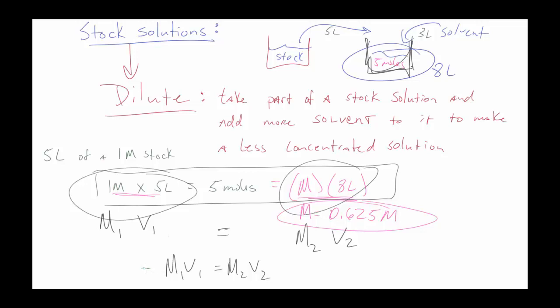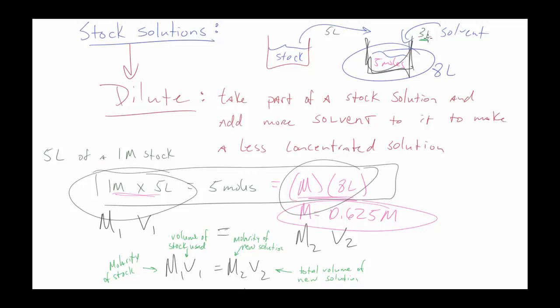And so let's make sure, this is the molarity of the stock, and V1 would be the volume of stock used, M2 would be the molarity of that new solution that we're making, and then V2 is the volume of the new solution, right? And I want you to really focus in on this: V2 isn't the 3 liters, and that confuses people a lot.